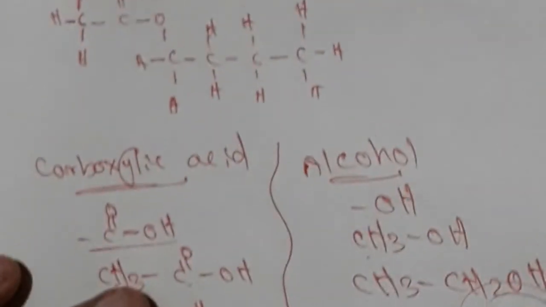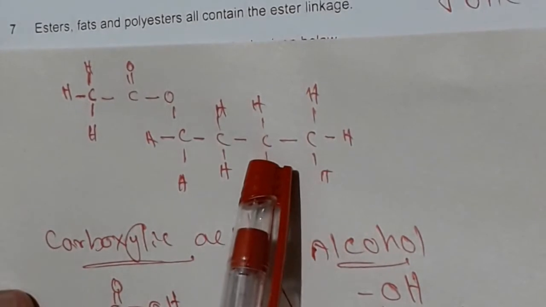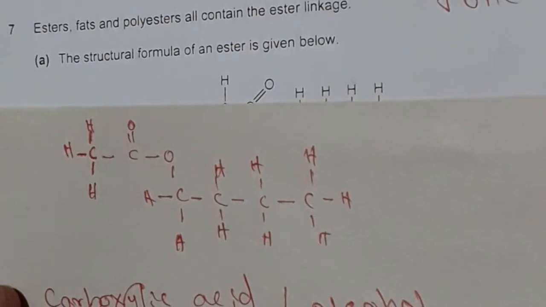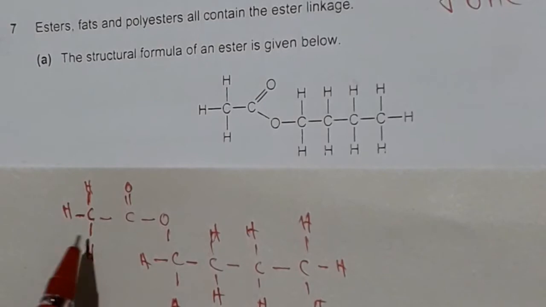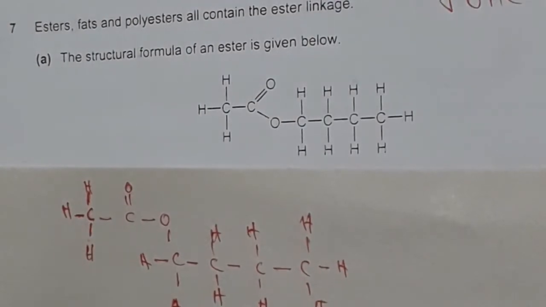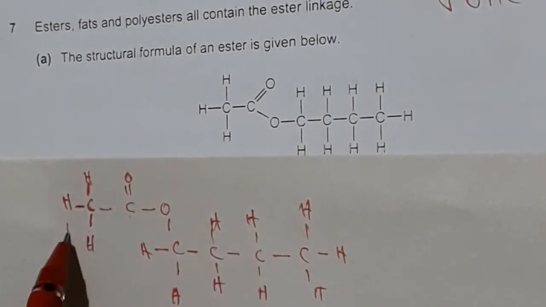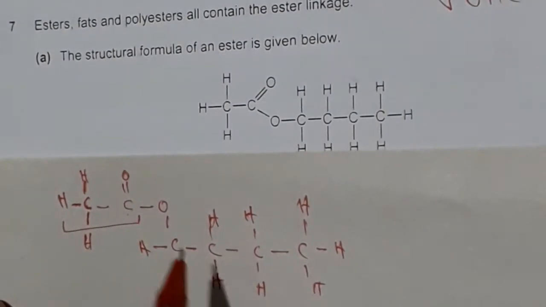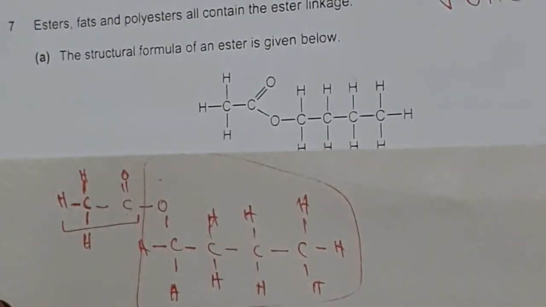Now come to this question. This is the structure given. Okay. This is the structure in the question paper. You have to say what type of carboxylic acid and what type of alcohol are used to make this ester. Here 2 carbon, CH3C double bond oxygen, this is the carboxylic acid part, and here this part is alcohol part.